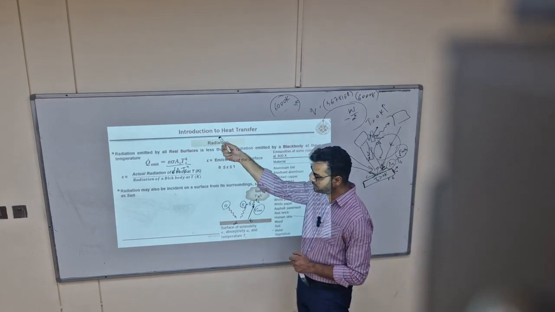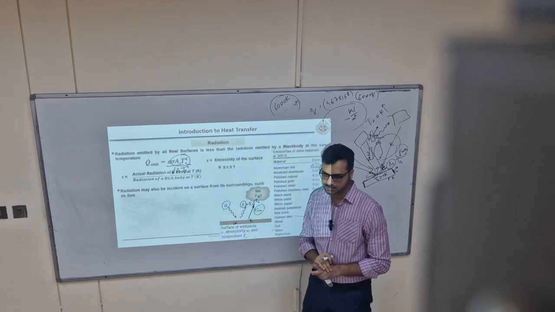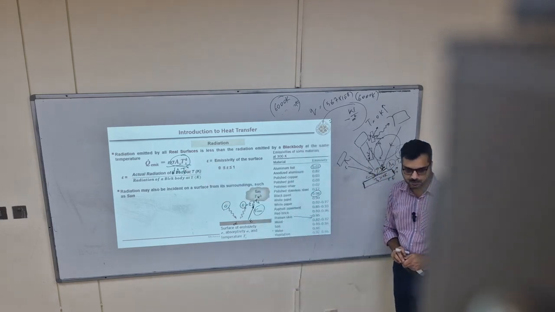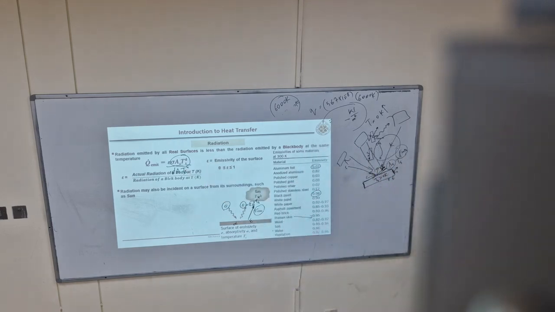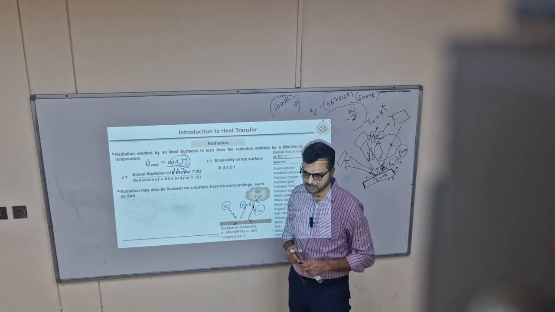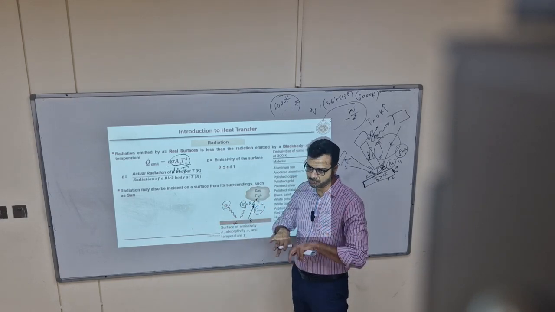So the black body, which is emitting this much, is also absorbing this much. So a black body is not only a perfect emitter, it is also a perfect absorber. Whatever radiation will be falling on it, it will absorb all of it.